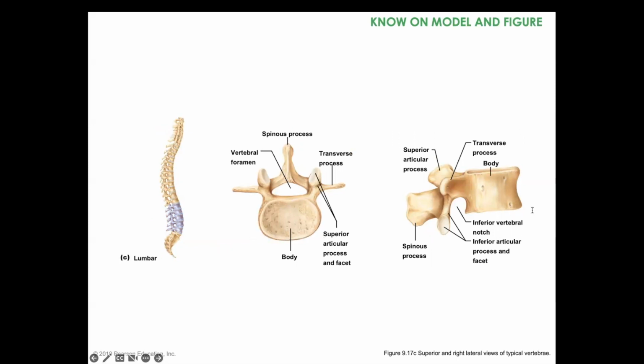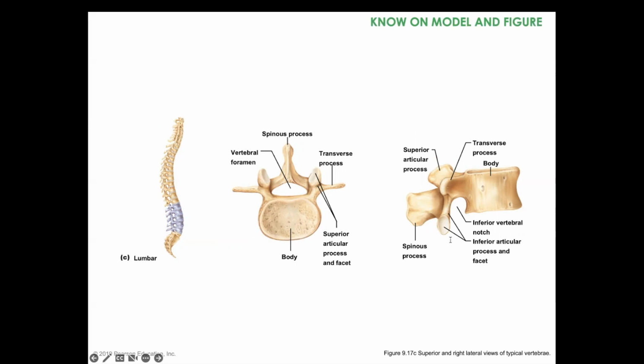And then here we have the lumbar vertebrae. You can see that the body is even wider than thoracic vertebrae because it's supporting the most weight. The transverse processes are also wider as well. And then the spinous process is thick and short and almost kind of square shape.